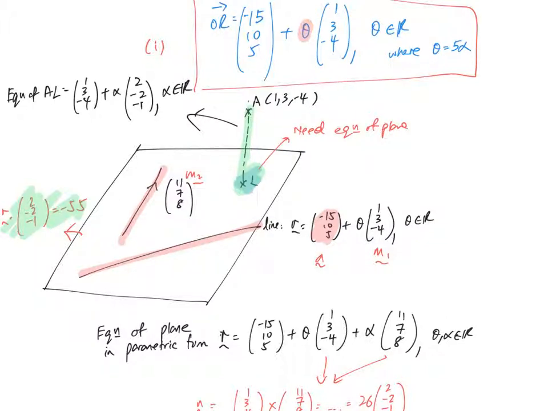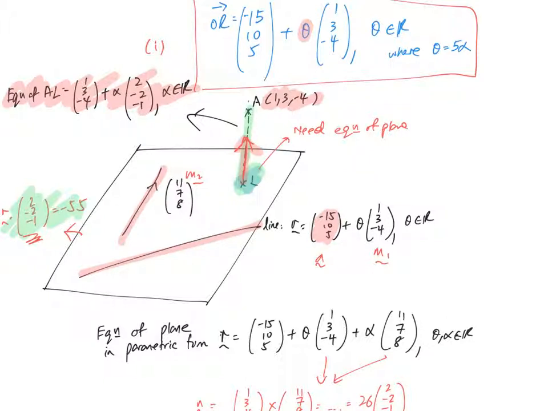Understand how I get this? Because I use the normal vector of the plane. Since AL passes through the point A and uses the normal vector of the plane as a direction vector, I can write the equation of AL in this format.